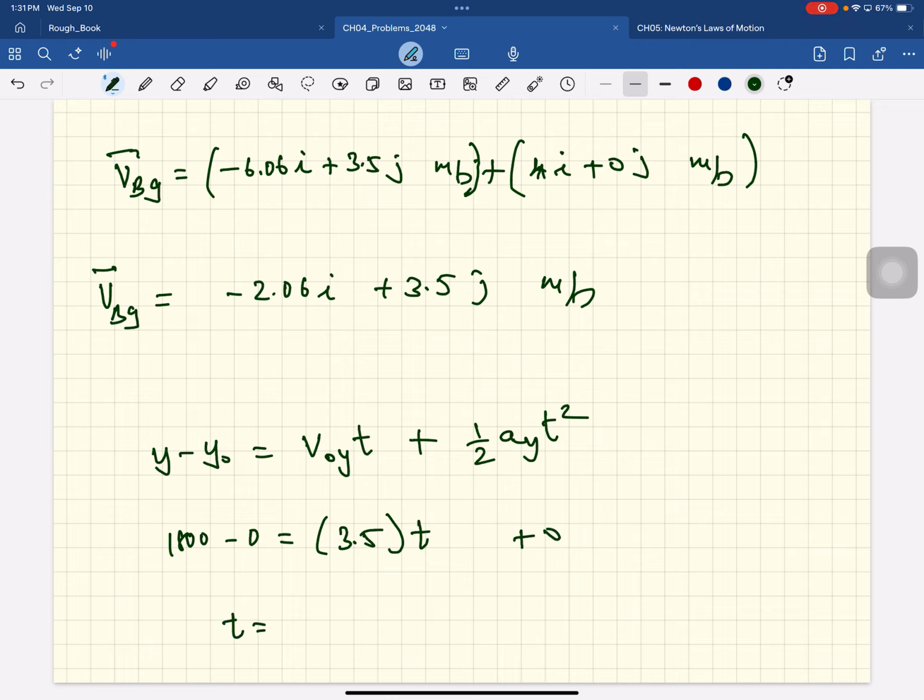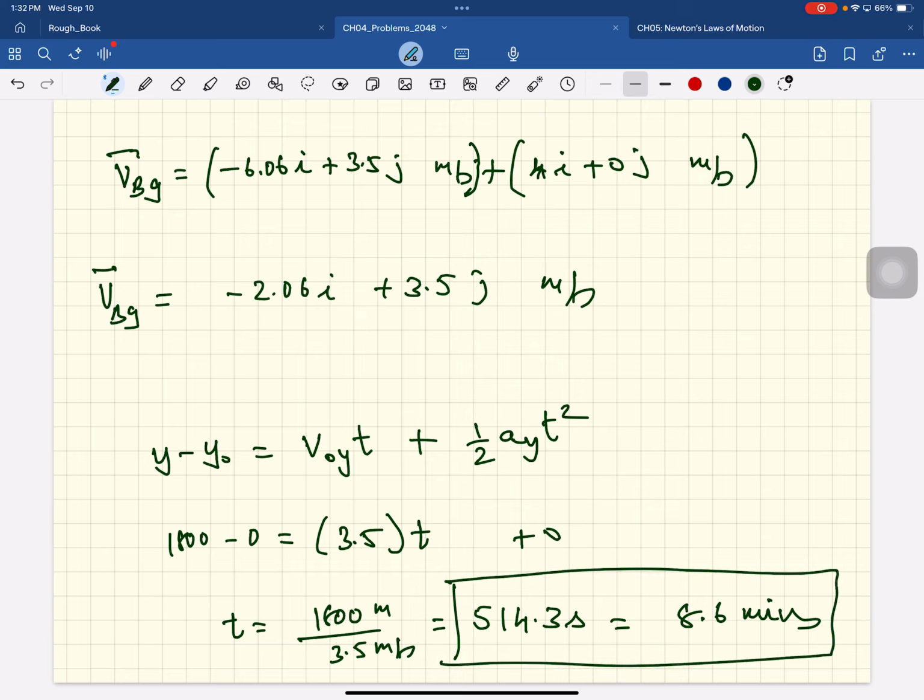So t is 1800 meters divided by 3.5 meters per second, and you get the time in seconds. So 515 seconds or 8.6 minutes, okay?